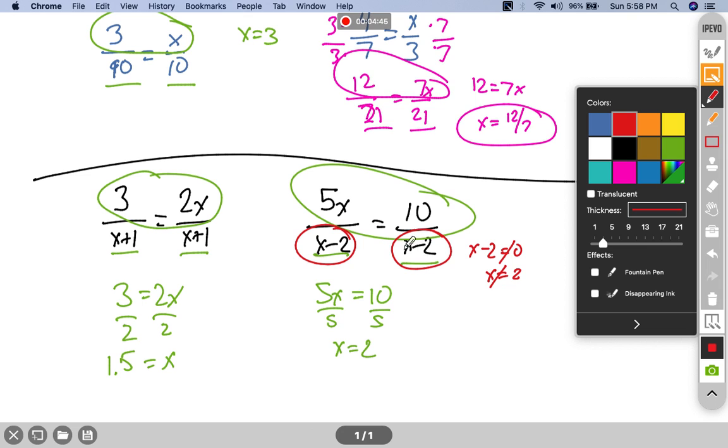That's where our vertical asymptotes came from. It went to infinity because we can't divide by 0. So my solution says x equals 2 will make this true, but I can't make x equal 2, so this one has no solution. And this is what's called an extraneous solution.